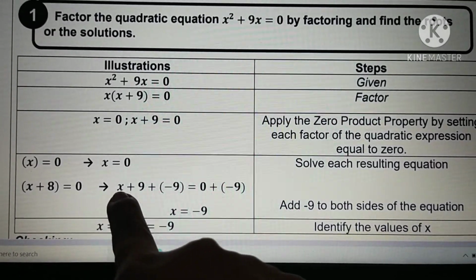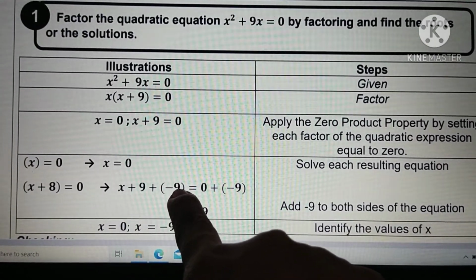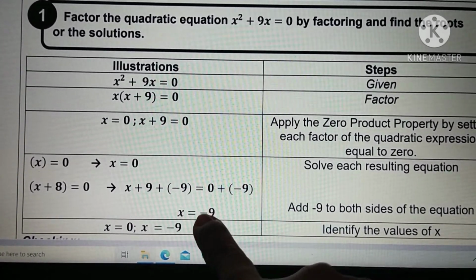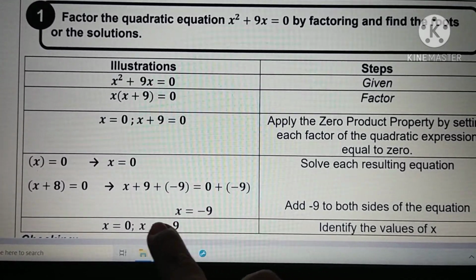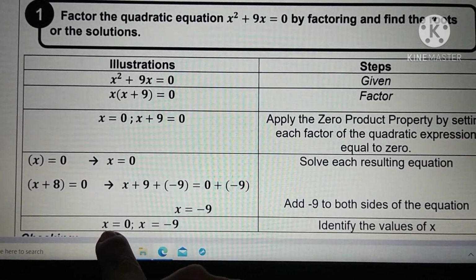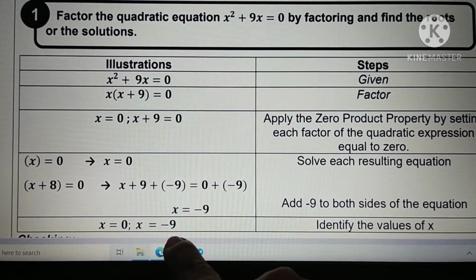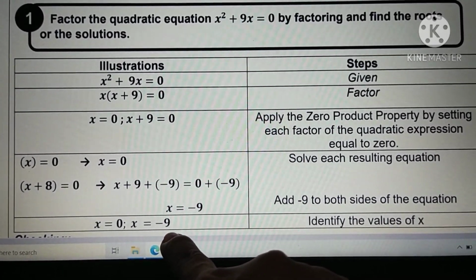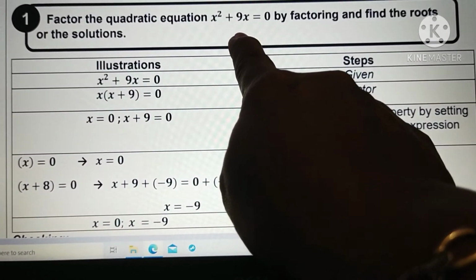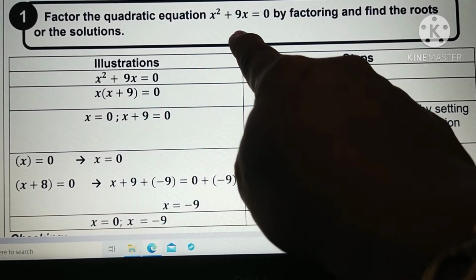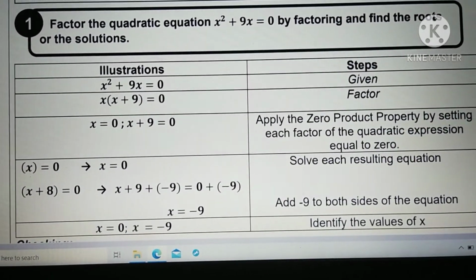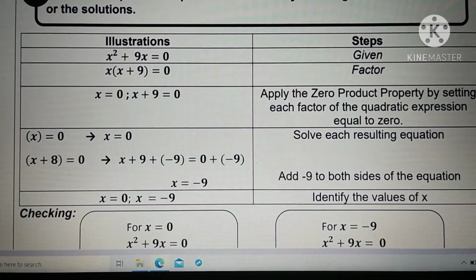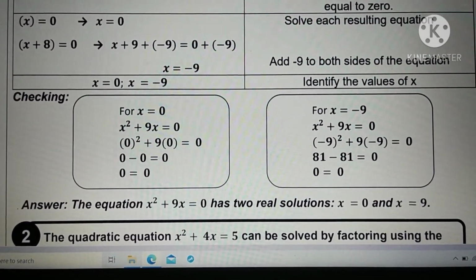To find the values of x, we subtract 9 from both sides, so it becomes negative 9. Therefore, the values of x are 0 and negative 9. These are the solutions or roots of the quadratic equation x squared plus 9x equals 0.